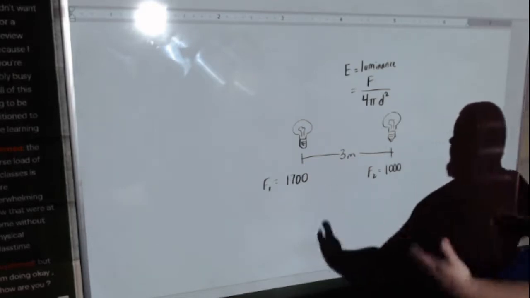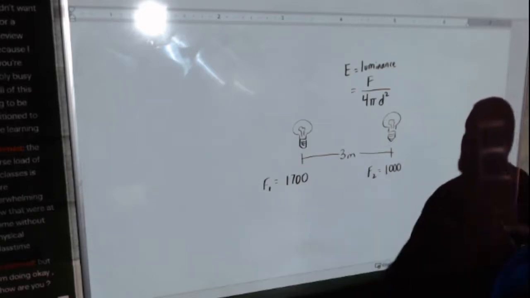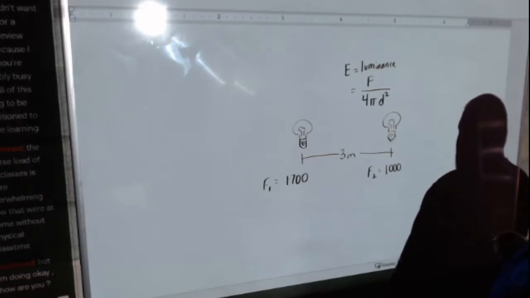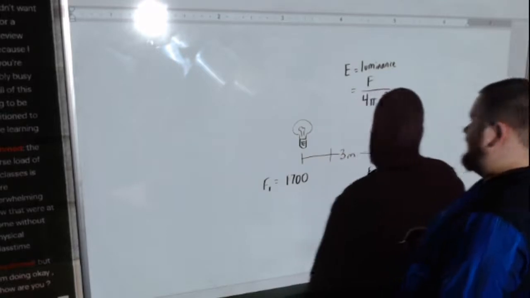And I would normally give this to you guys to try, because it takes a little bit of thinking. But because we have no idea where to put it, let's just pick a position. Let's assume right here is going to be the dark spot.